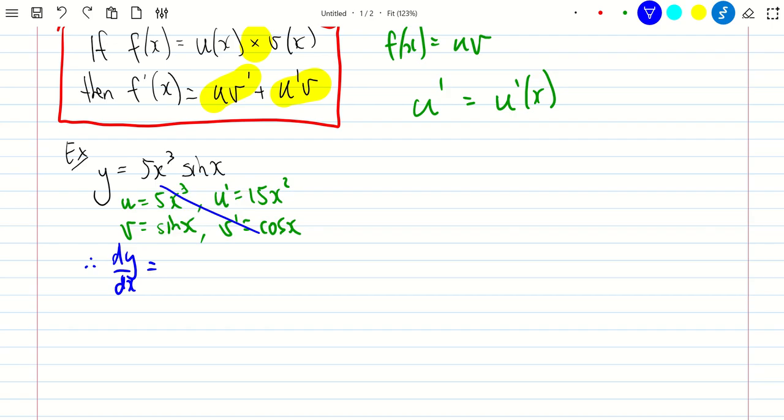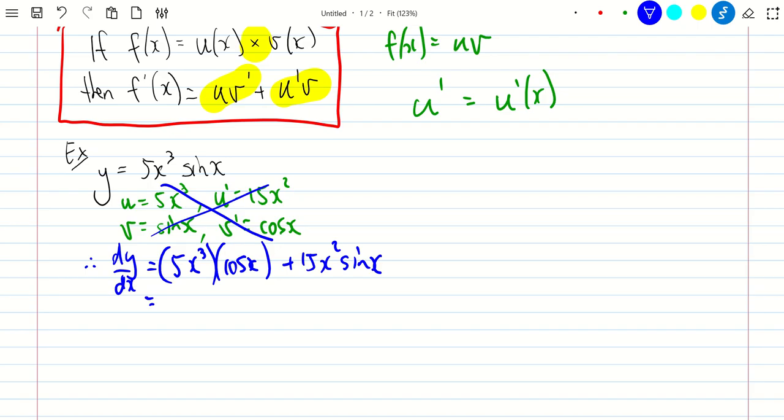It doesn't matter which way around it is, but when we get to the quotient rule, you'll see. I'm just going to show you. So let's just do it here. So 5x cubed multiplied by cos x, so it's that one times that one, and it'll be plus that one times that one, so plus 15x squared sine x.